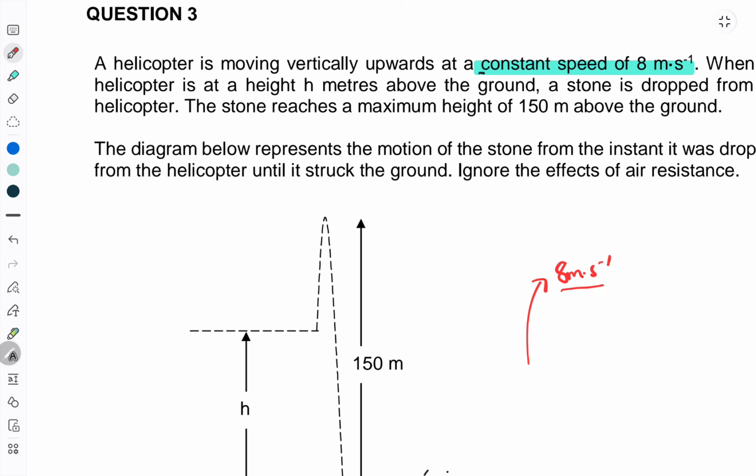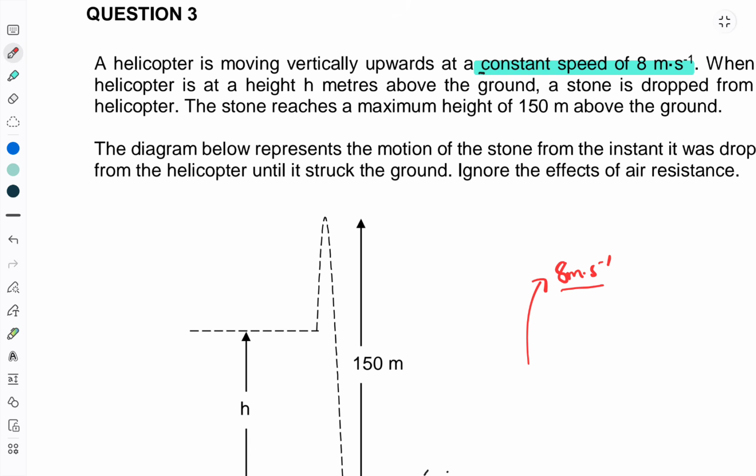Why is it doing that? It is due to Newton's first law. An object continues in its state of rest or constant speed unless it is acted upon by an unbalanced force. That's why even when you are seated in a car and the car suddenly brakes, you tend to move forward a little bit. That's because your body is trying to maintain that inertia.